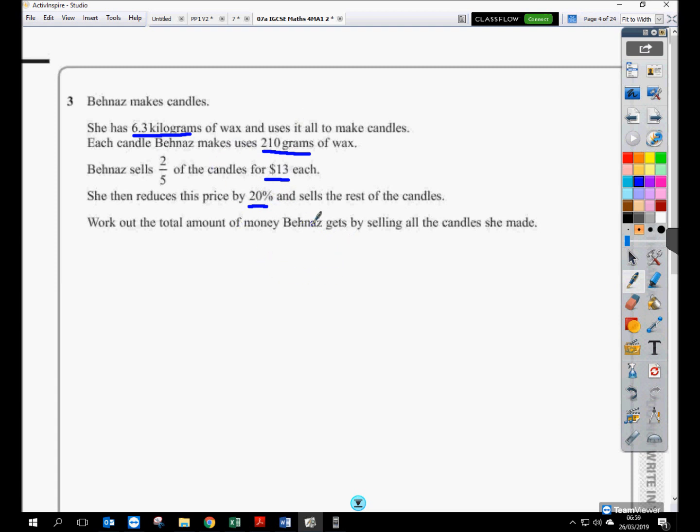Okay, so first of all, I guess the key thing to spot at the beginning of this question is the units are consistent. What we need is the same units. So for the wax, there are 6.3 kilograms of wax. Now, there are 1,000 grams in a kilogram. So if I convert 6.3 kilograms into grams, I can multiply 6.3 by 1,000.